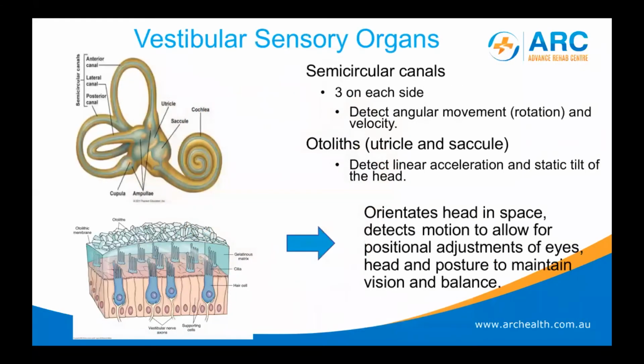So how do these semicircular canals and the vestibular sensory organs work? Well, on each side of your ear, so on the left and the right, you have three semicircular canals. And they are essentially responsible for detecting angular movement or rotation and velocity. So if you were nodding yes or no, it's these semicircular canals that will detect that kind of movement.